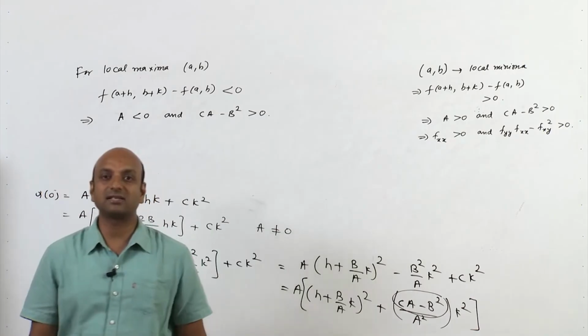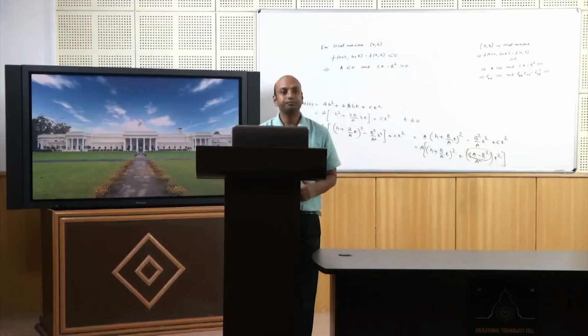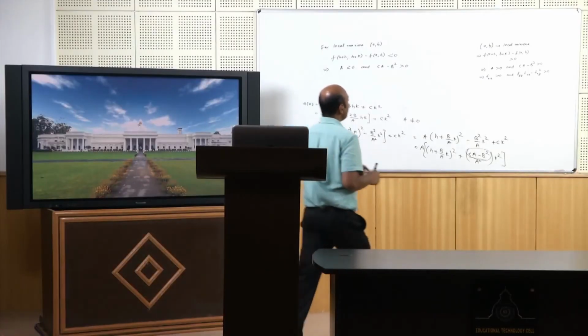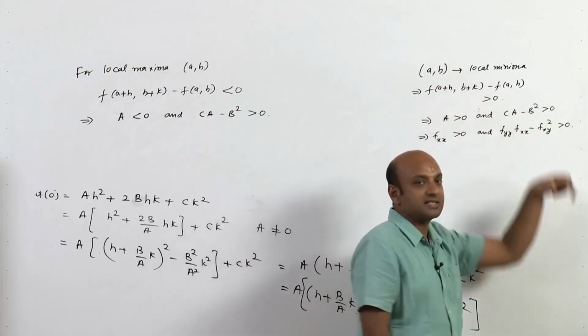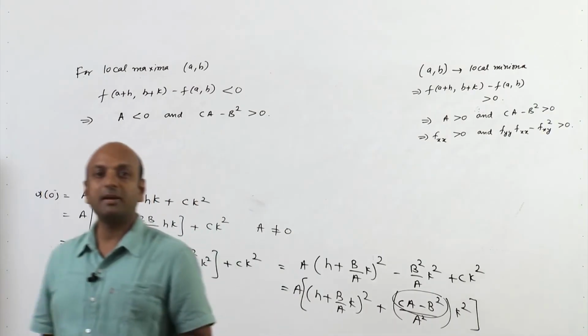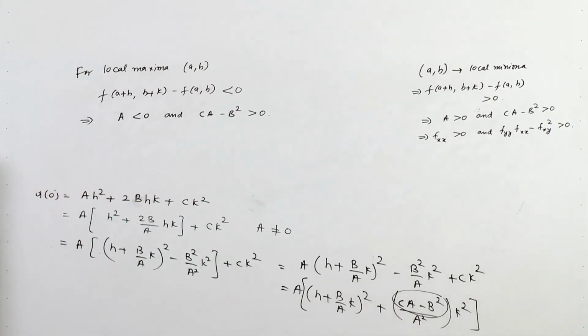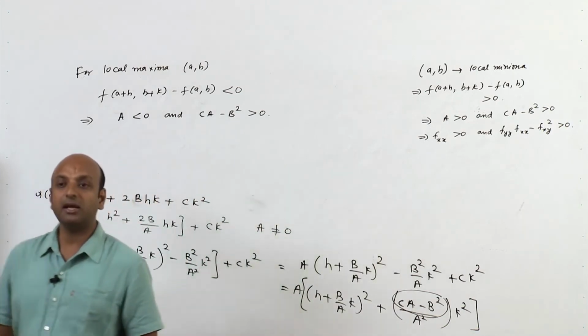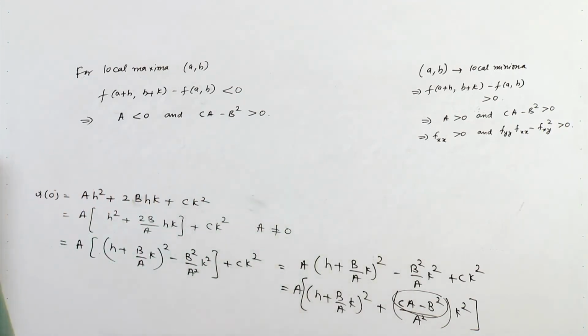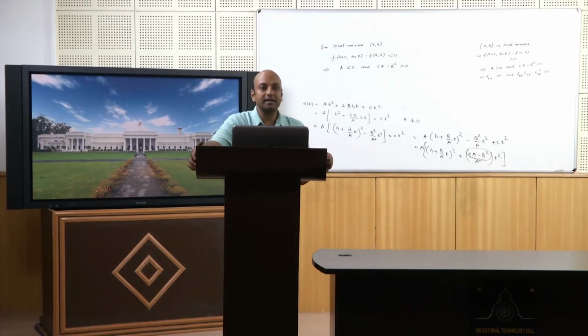So, in that case it will be a saddle point, because for some h and k this is positive and for some h and k this is negative. So, a comma b will be a saddle point in that case. And if it is 0, the test will be inconclusive. We have to go for the higher order test to find out the nature of a and b.